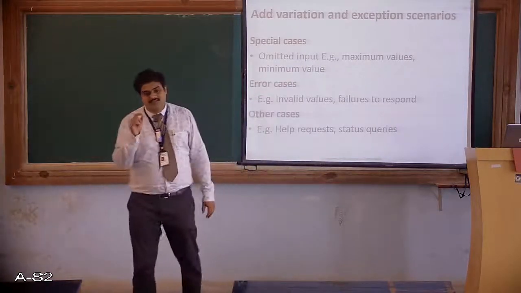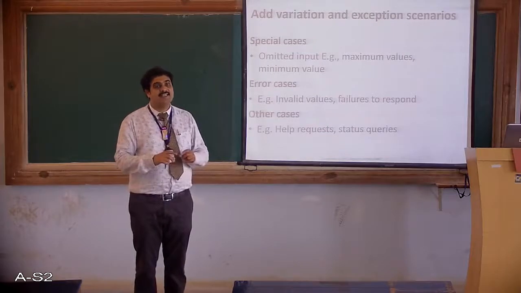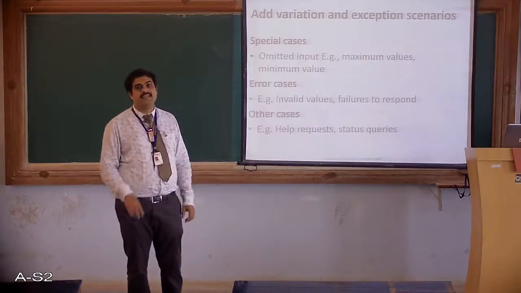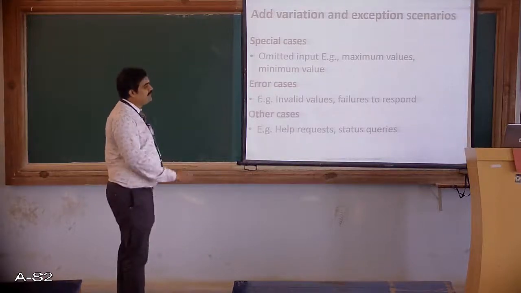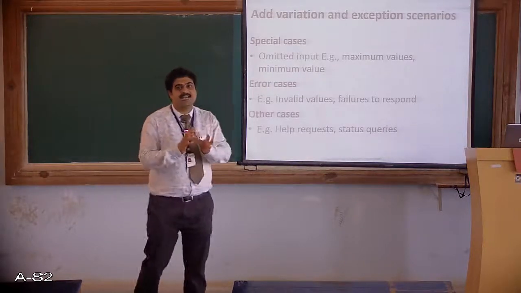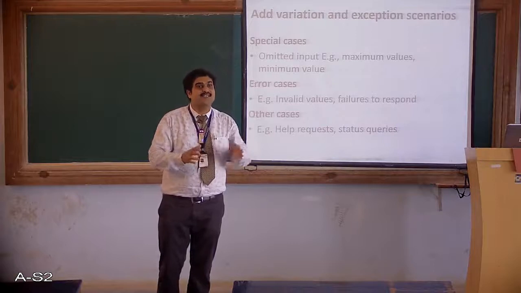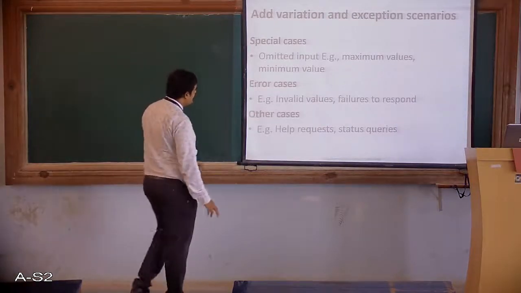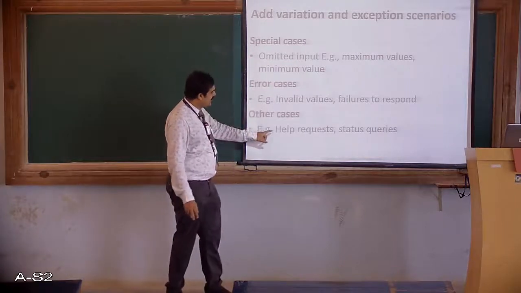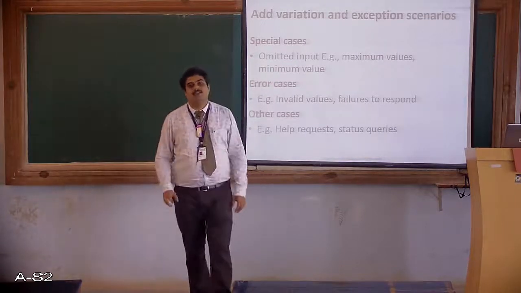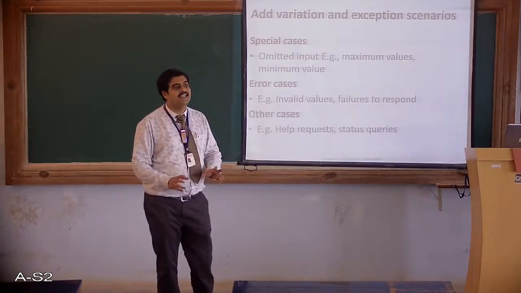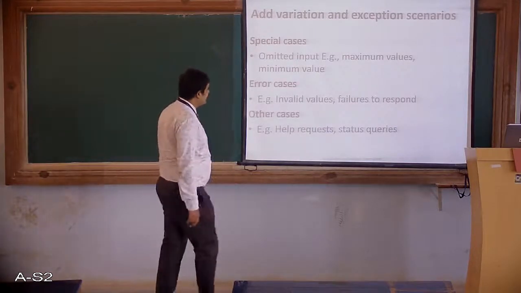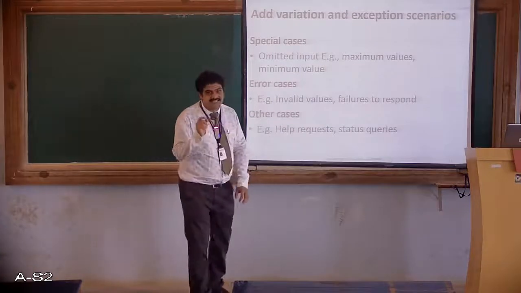Maybe when you press OK, there is a possibility of a database error. How do we take care of that? So there may be variations and exceptional use cases you can list out for the given problem statement. Similarly, help requests, whatever request you are sending, there may be a help query. Then what is the status of the query?